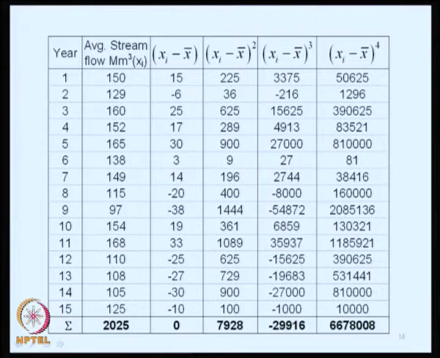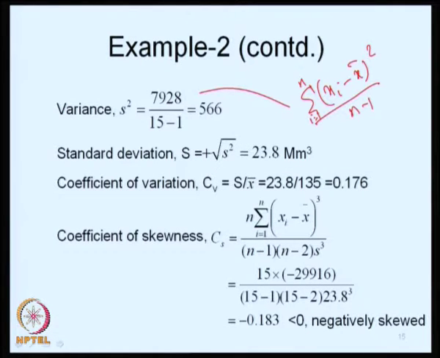So, this is minus 29916. We use that and the standard deviation to the power 3. So, we get the Cs as minus 0.183. Remember that the coefficient of skewness can be negative. So, when it is negative, we get a negatively skewed distribution.